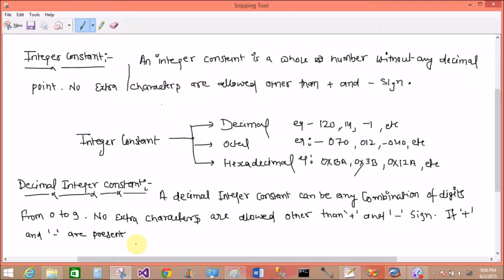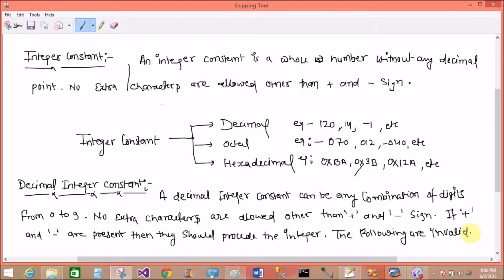If plus and minus are present, then they should produce the integer.